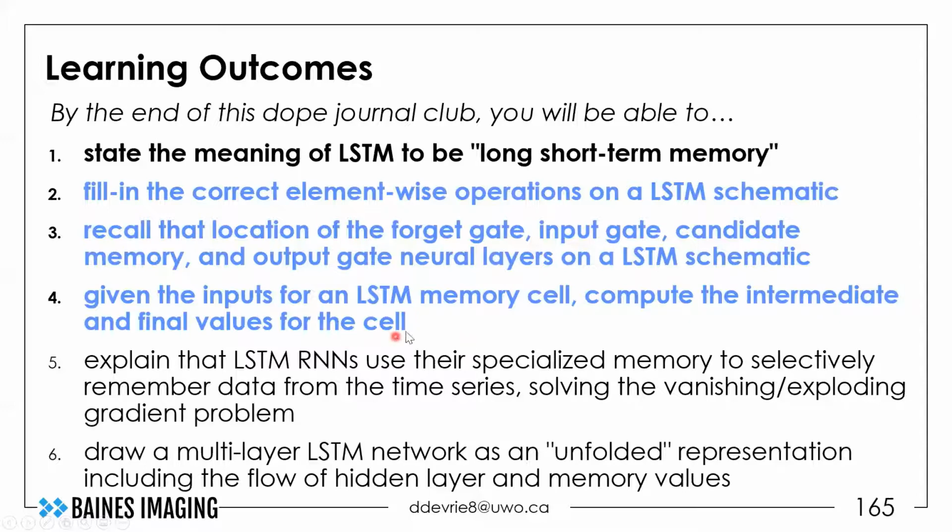And also, because we worked through that example, if we were given the input values for the LSTM cell, like the memory values, the hidden layer values, and the time step inputs, we'd be able to compute the output of it if we were given all the weights, biases, and all that. But in practice, these LSTM cells are very multidimensional, so doing that by hand would take a long time. So it's quickly done by computations.